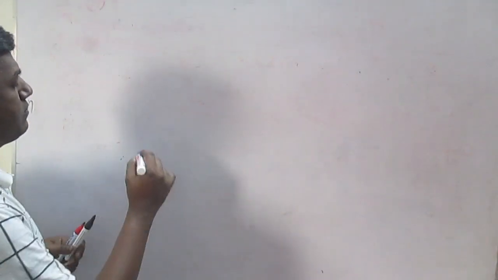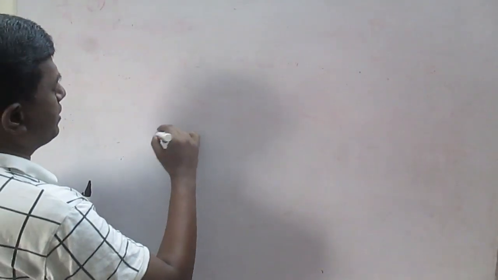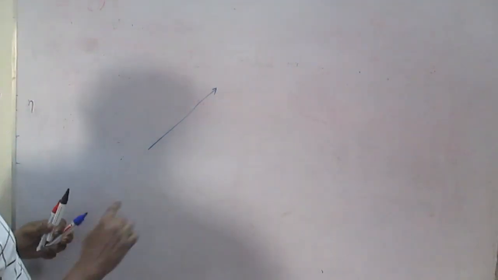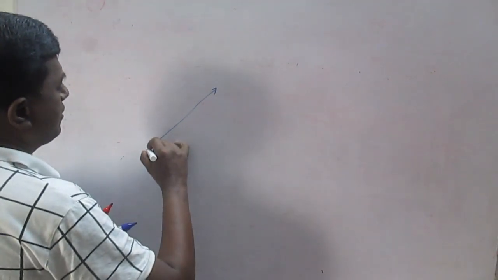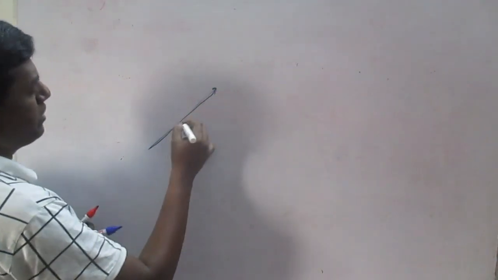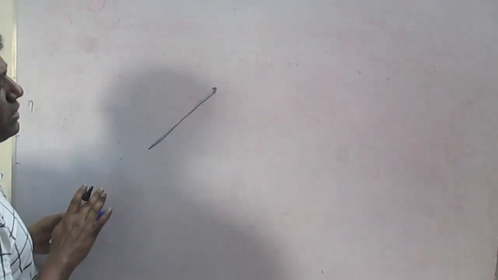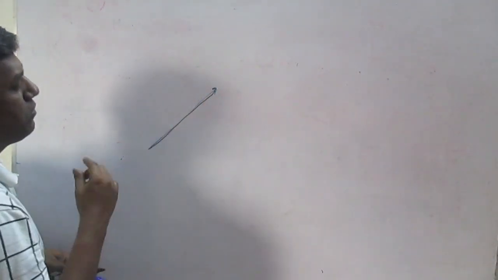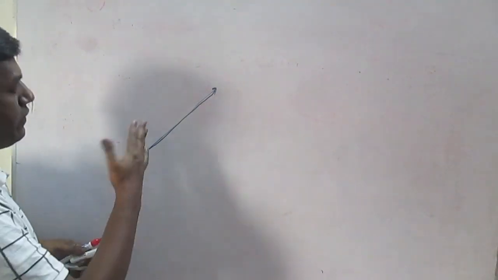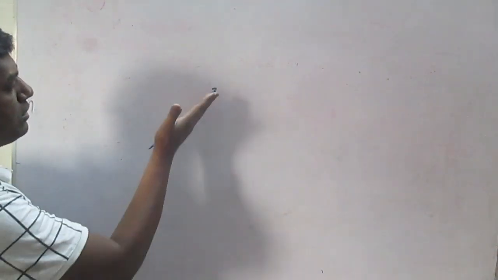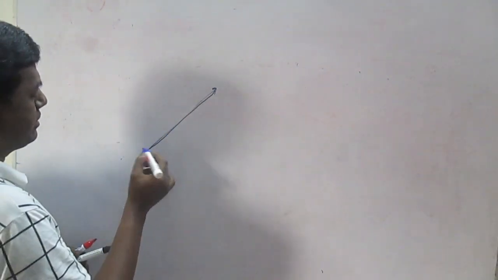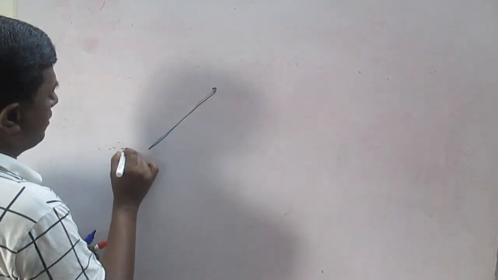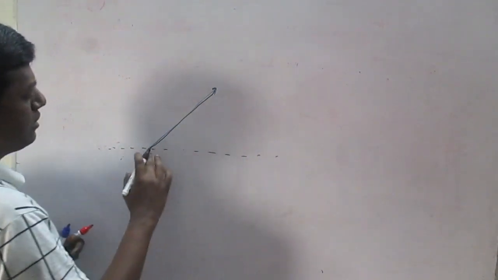Whenever we have an observed velocity, if it is inclined to the flow, it will have both a vertical as well as a horizontal component. Let's say this is the horizontal reference line.